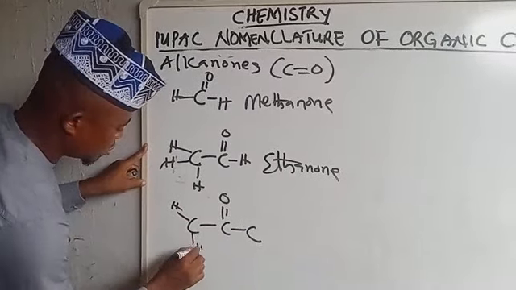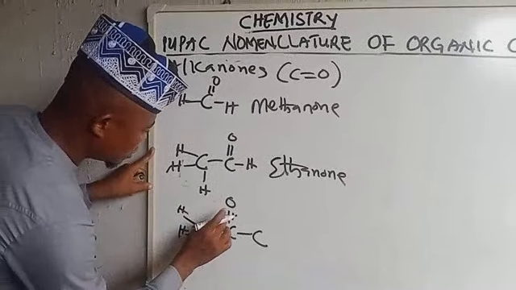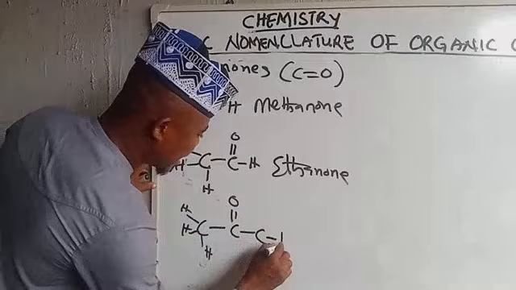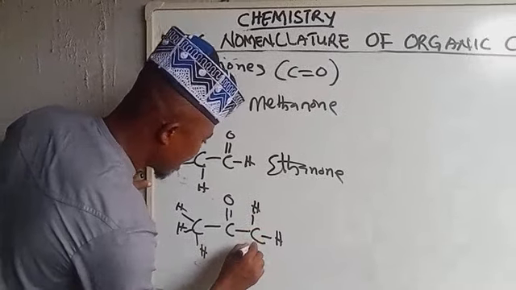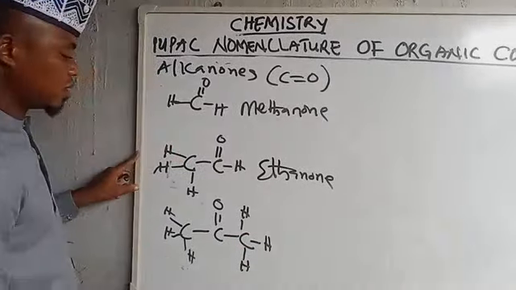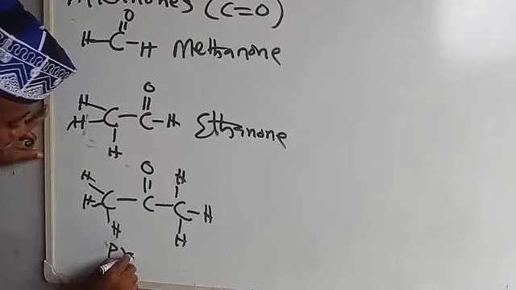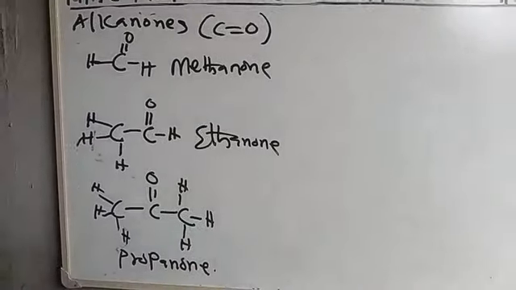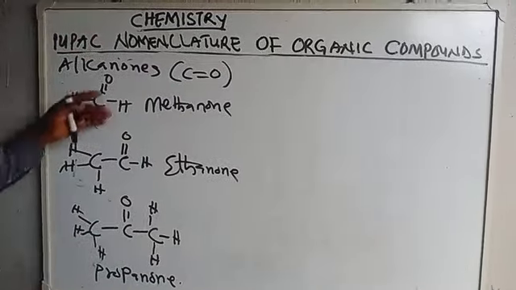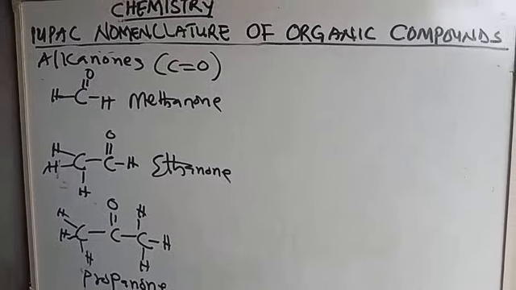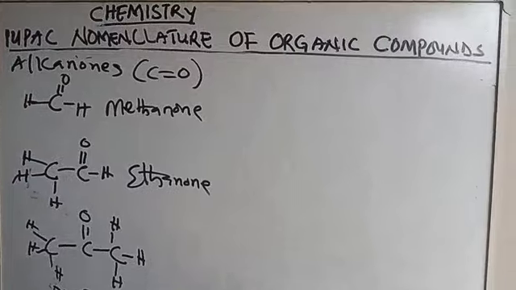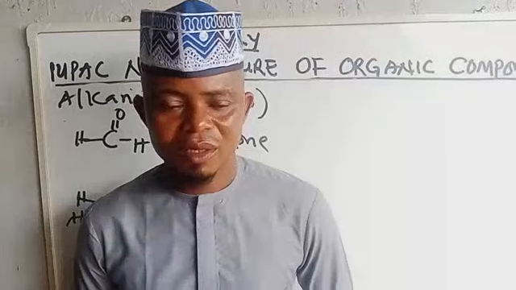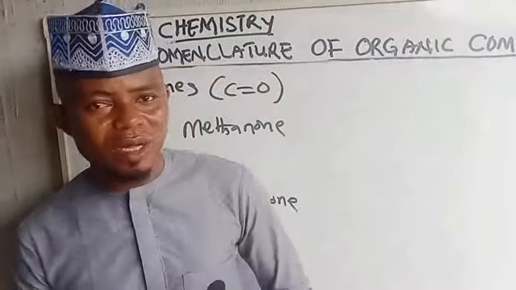Remember, you must maintain the tetravalence of carbon by carbon having 4 bonds. So this is going to be propanone. So these are the different functional groups and how to name them. So this is how to name different organic compounds basically.